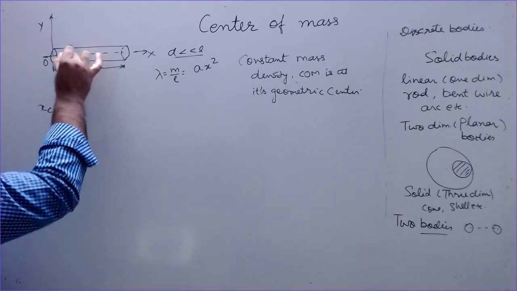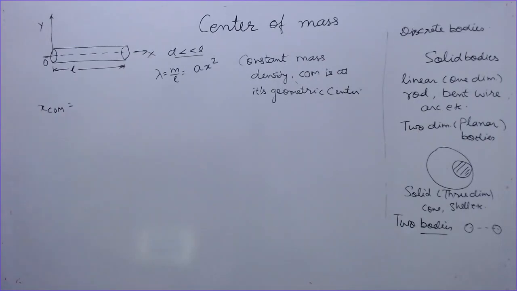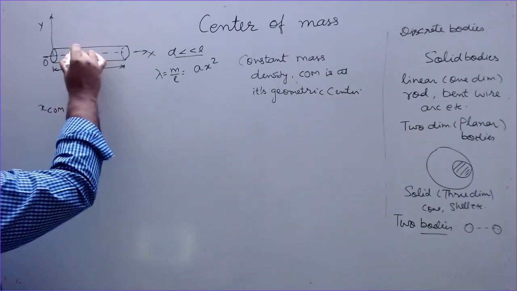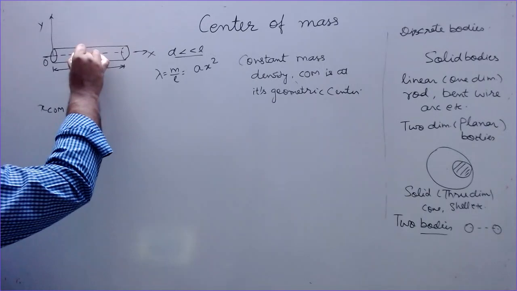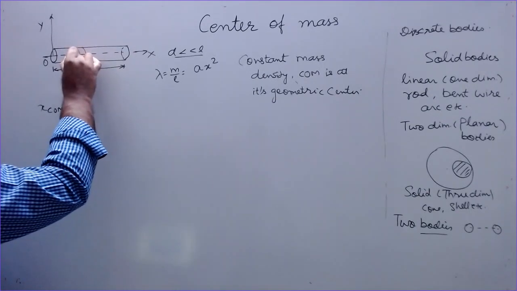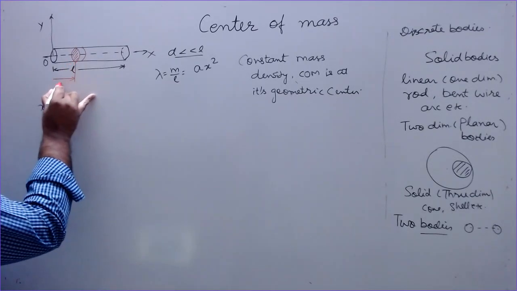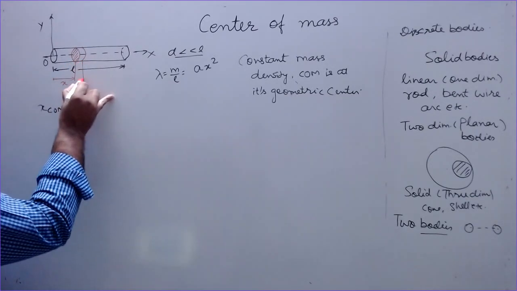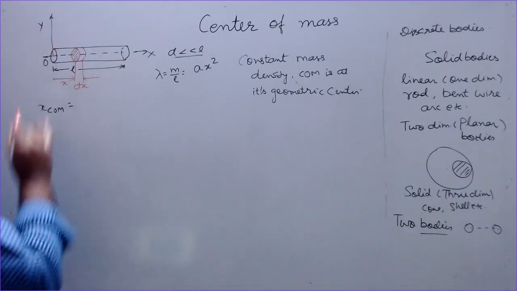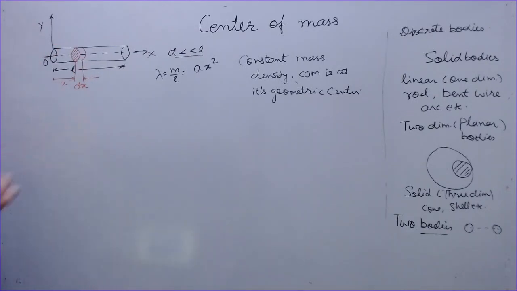So I will take a small element of this, which is at a distance x from the origin and having a thickness dx. Now this is the element, and you have to find the center of mass of this, assuming this to be a continuous body, no voids, etc.